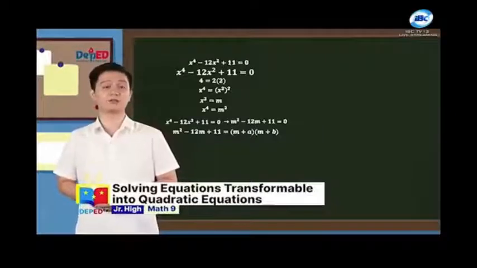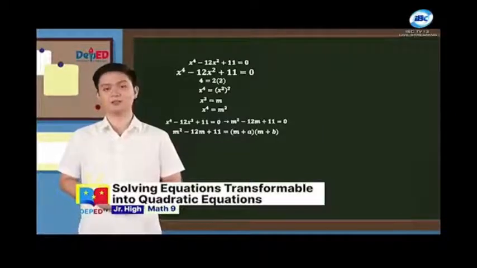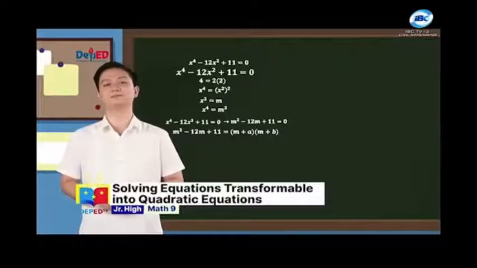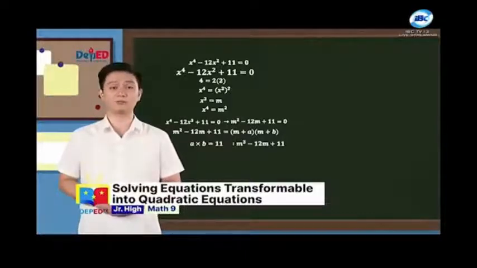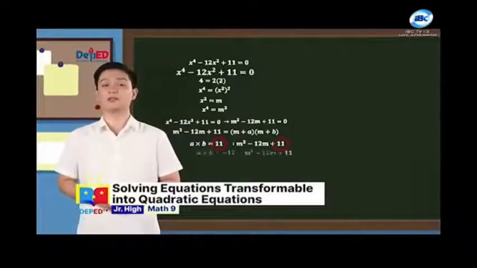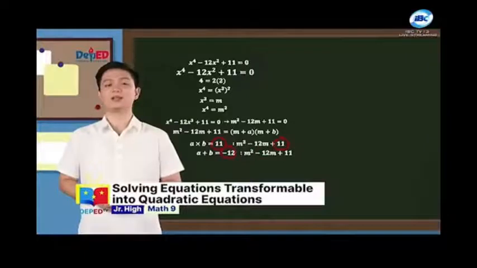So we must think of two numbers, a and b, the constant terms in the binomial factors. What are our clues? The coefficients in the trinomial should reveal these. The product of the constants a and b must be 11, the constant term in the trinomial. Their sum must be negative 12, the coefficient of m.